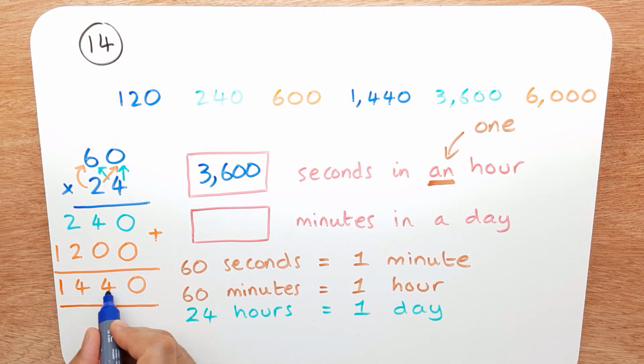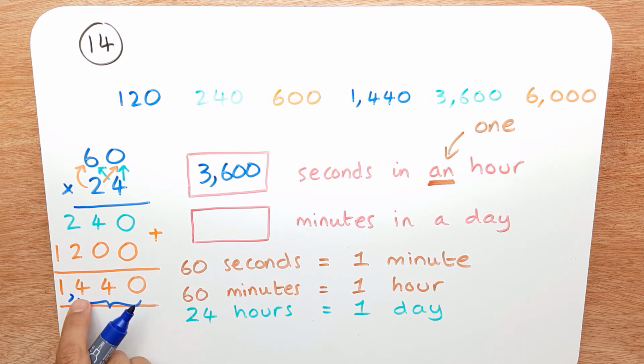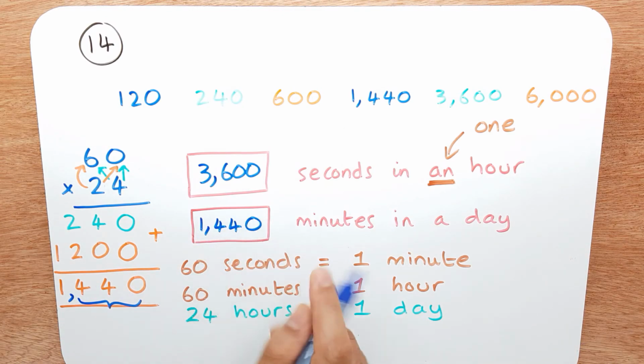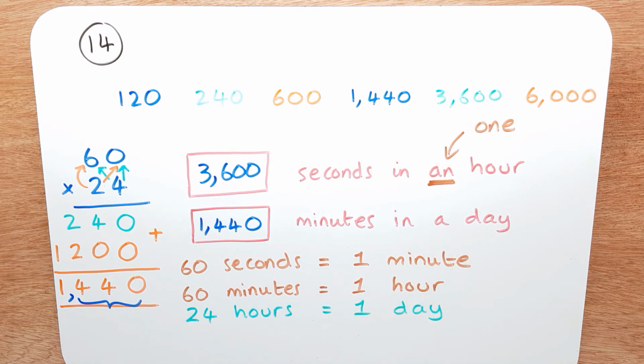As before, 1, 2, 3, comma. These are my thousands, so this is in my head, 1,000. So I've got 1,440. So I know I have 1,440 minutes in a day.